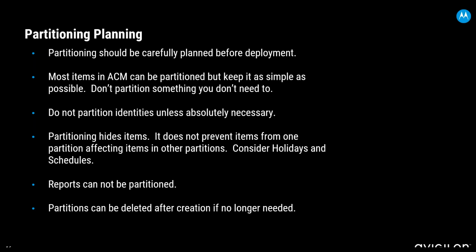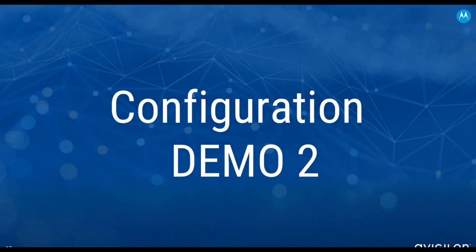So what I always recommend when you think you're going down the partitioning path, look at it and see if you can accomplish what the end user wants with delegations, possibly routing groups, before you go into partitioning. So with that being said, we'll jump into a short demo on partitioning.